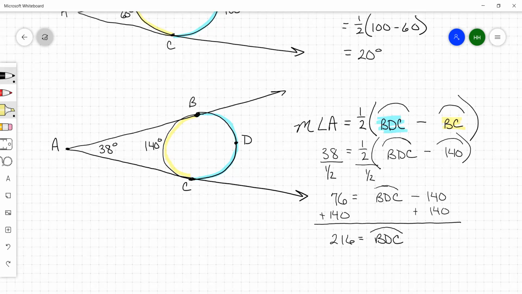Something's wrong here, isn't it? What's wrong? Yeah, there's a math mistake somewhere. 38, 140. 38 divided by 1/2 is 76.